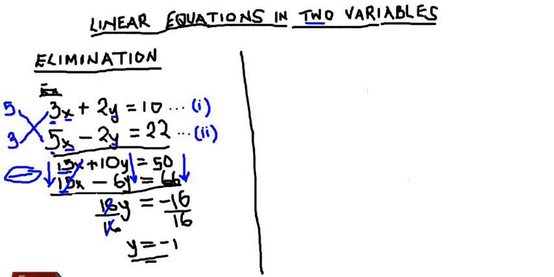So we write the equations again here. 3x plus 2y equals 10. 5x minus 2y equals 22.